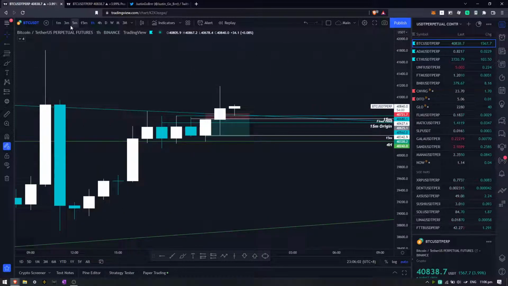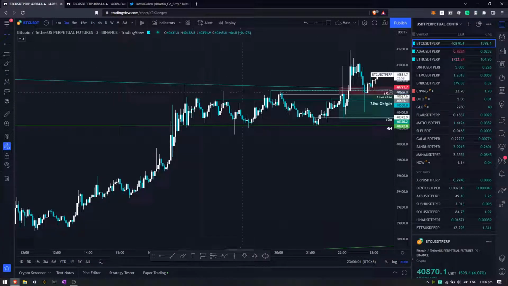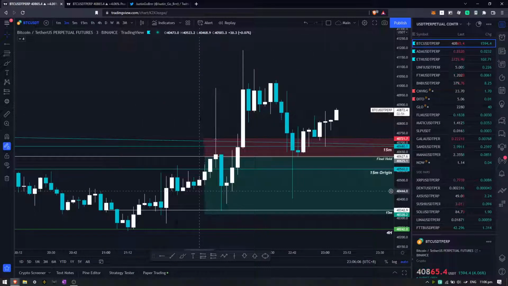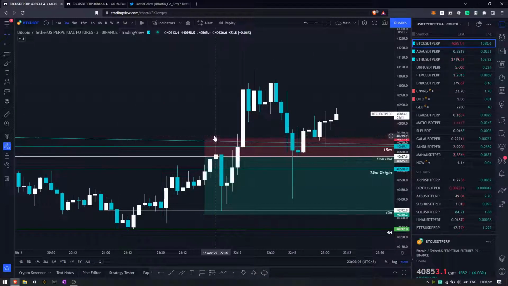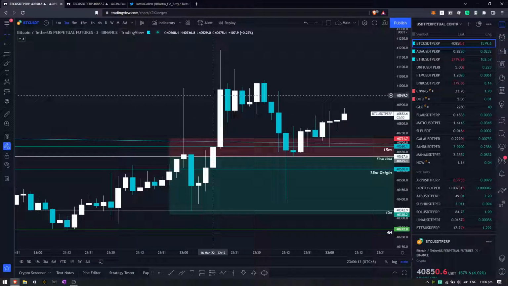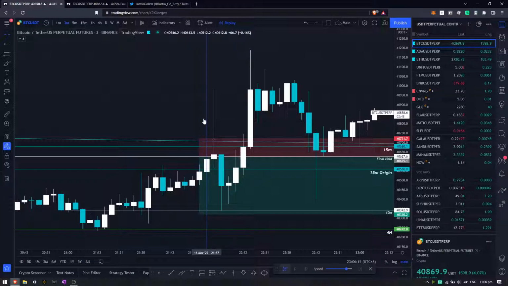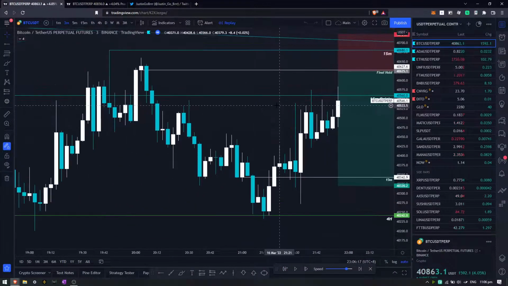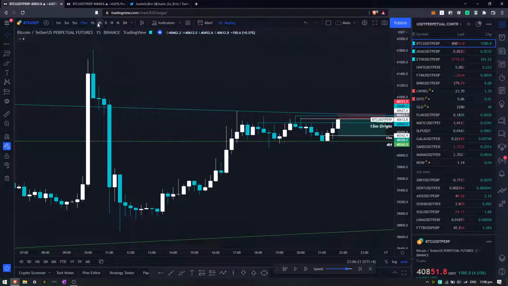So, we have here this trade that I took. This is pretty recent, about just an hour ago. Let's go to the replay tool and see what I saw in this moment. We see a 4 hour.